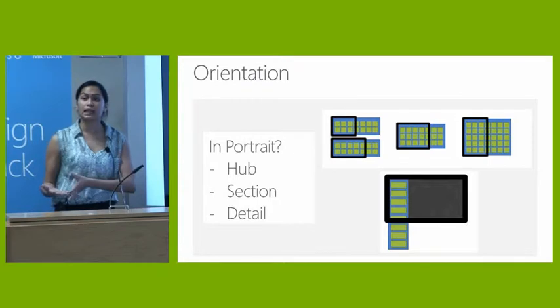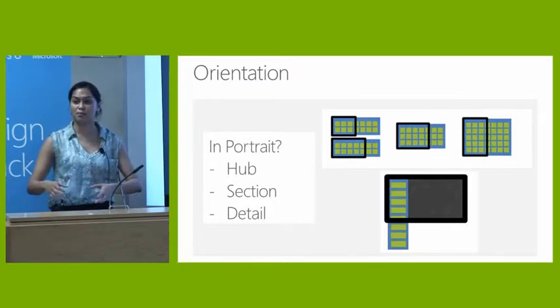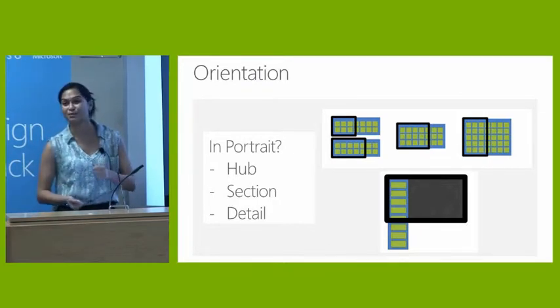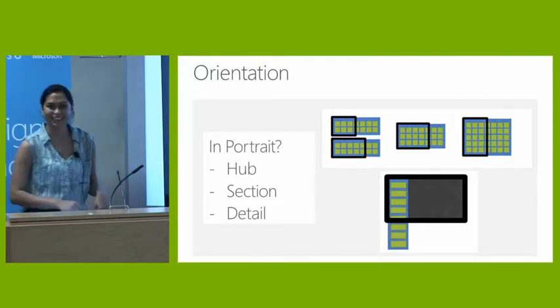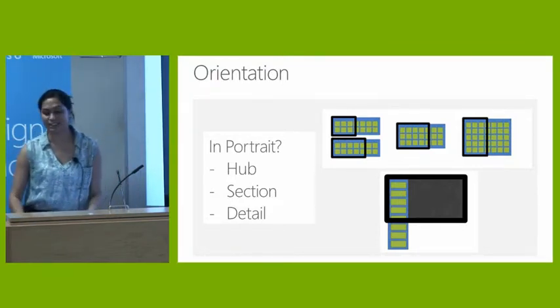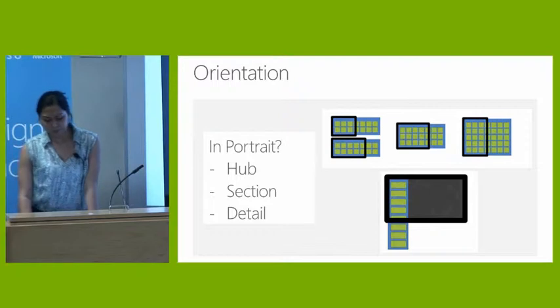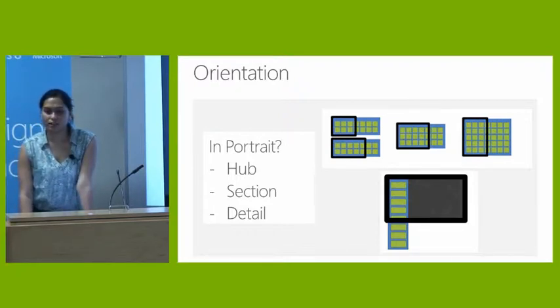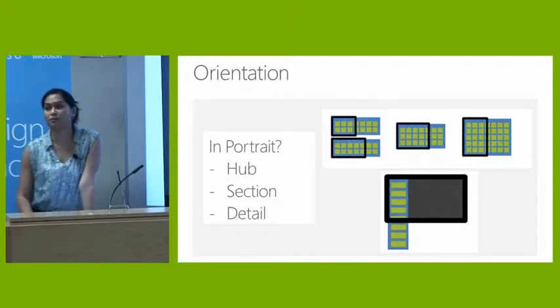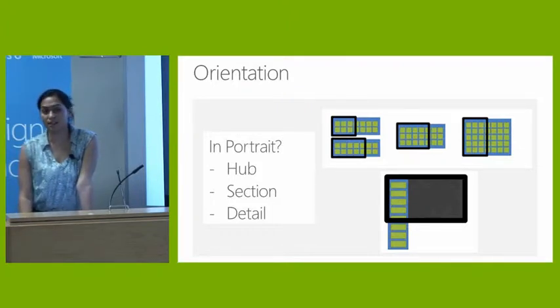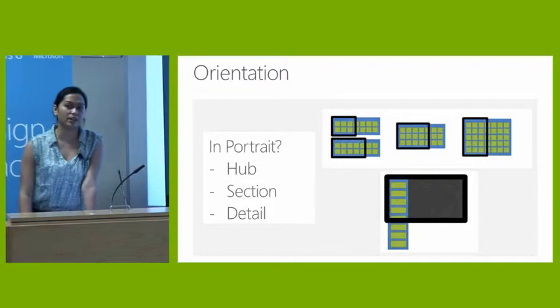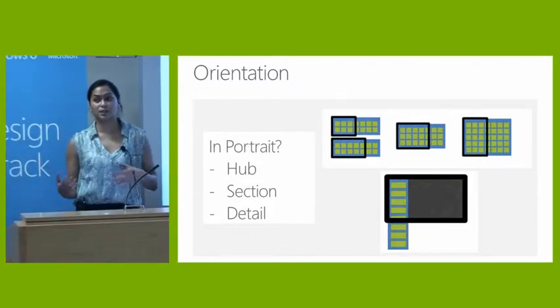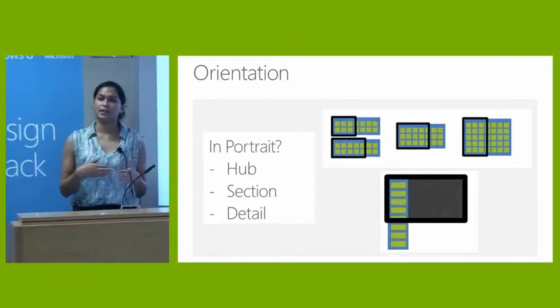If you guys want to see an example of this, I can show you the app in portrait mode afterwards, because we already tried and failed. Apparently when it's docked, you can't. That was an interesting discovery, and it's a compromise we made by following this, because our designers are still not quite happy with it because it doesn't look that great, especially for our hub and our section view.